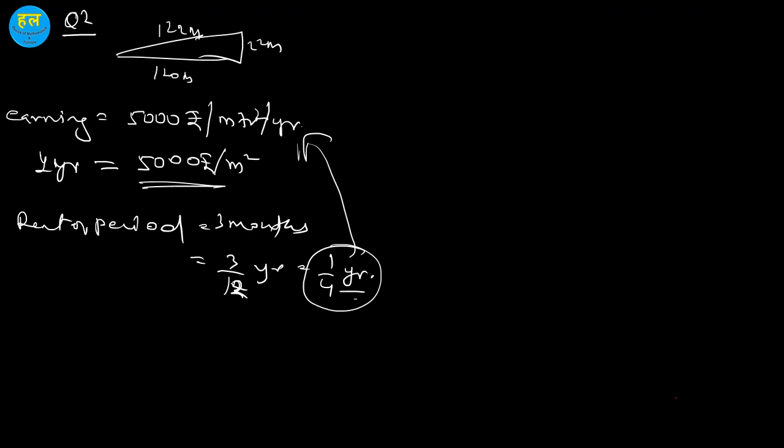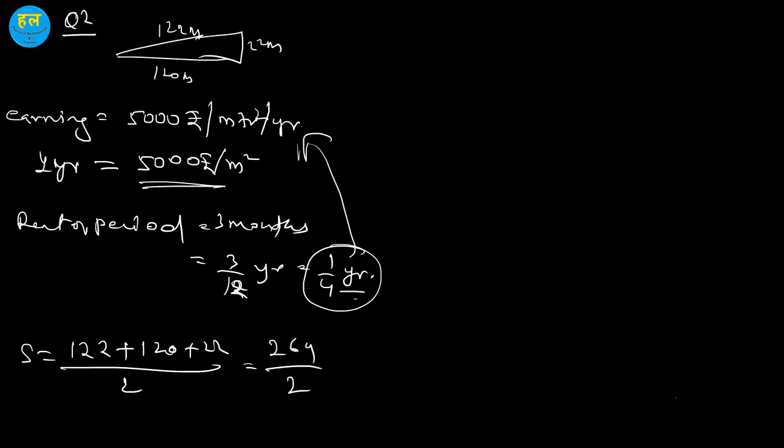We have all 3 sides, so we will find S. S is equal to 122 plus 120 plus 22 divided by 2, which is 264 divided by 2, equal to 132 meter.